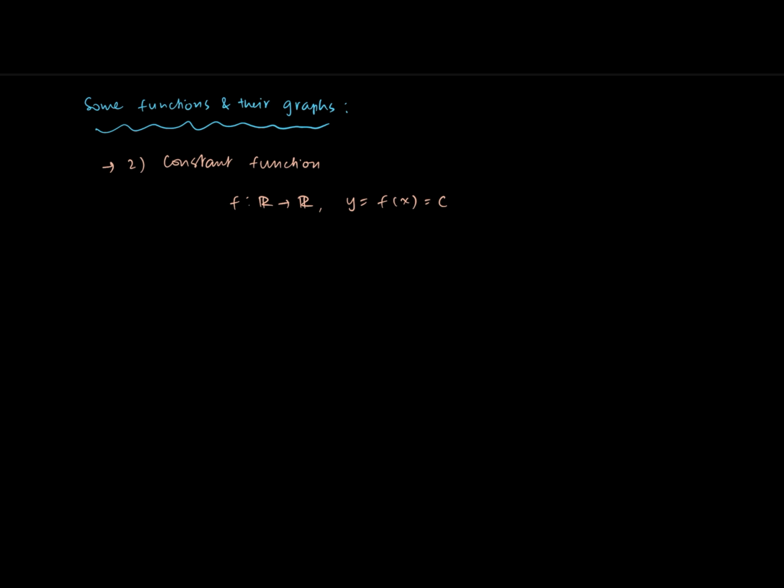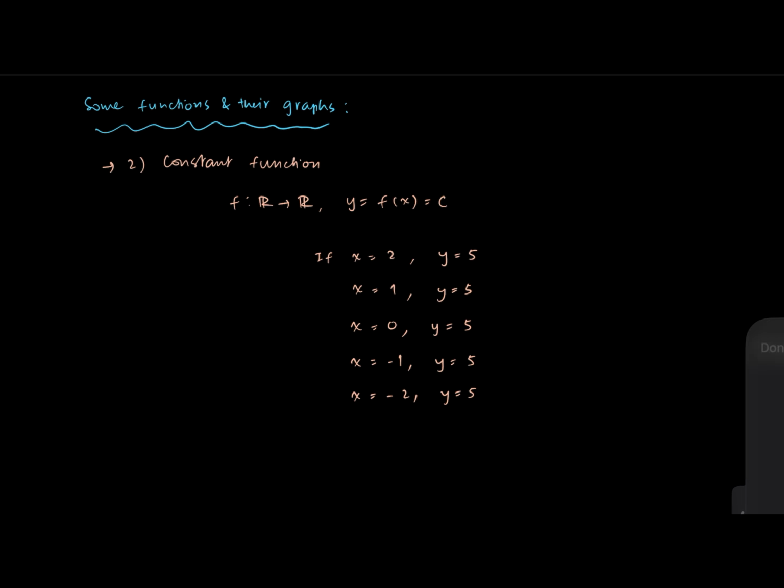Take for example, if value of x is 2, let us take value of y as 5, a constant in our case. If value of x is equal to 1, then value of y will again be 5. Similarly, if value of x is equal to 0, value of y will again be 5. No matter what the value of x will be, we have value of y as a constant. So for any value of x, y will not change.